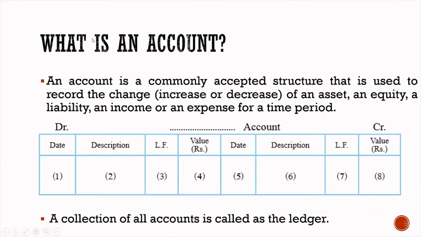So what is an account? An account is a commonly accepted structure that is used to record the change, the increase or decrease, of an asset, equity, liability, income, or an expense for a period of time. When there's a collection of accounts, we call it a ledger, and one account is called a ledger account, right?